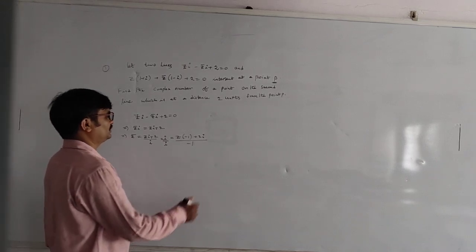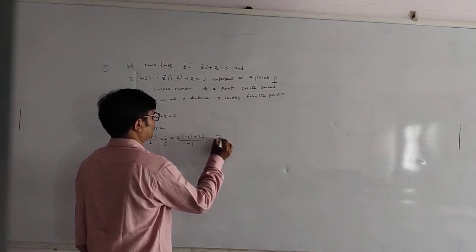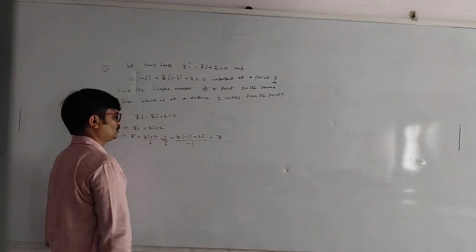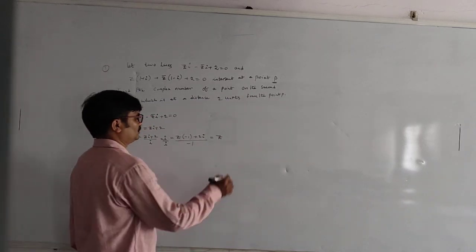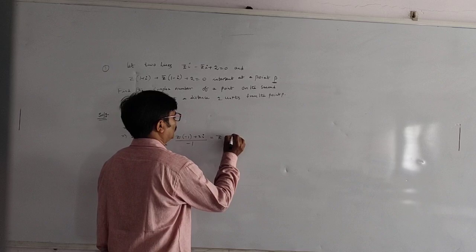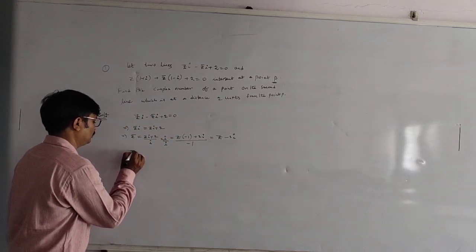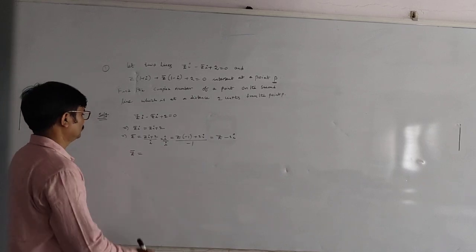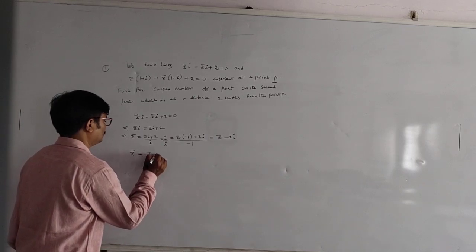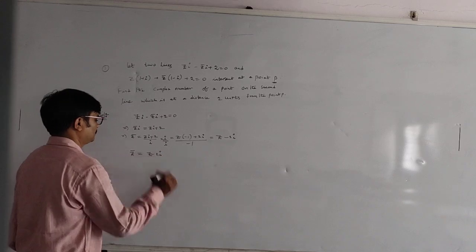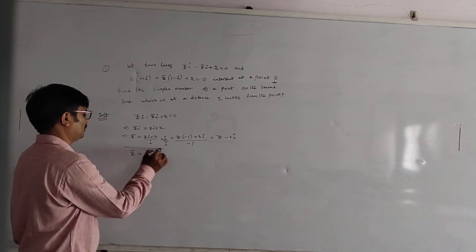Now we can write this as minus of minus plus z. This is the minus of 2i. So, dear students, z bar equals z minus 2i.